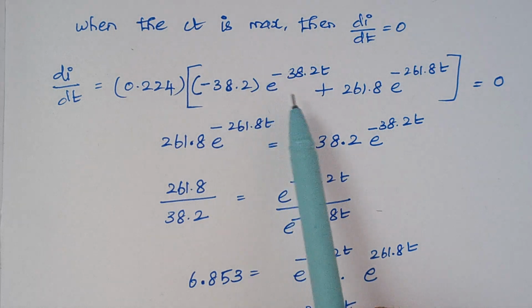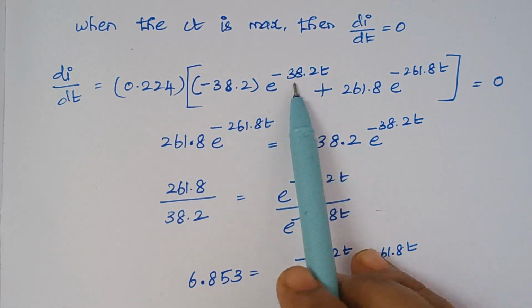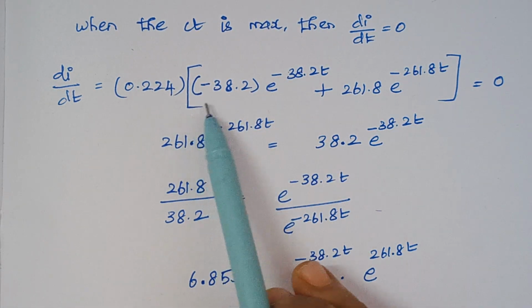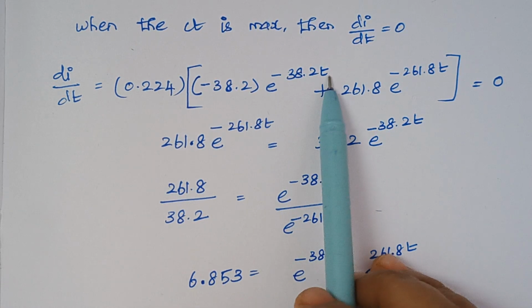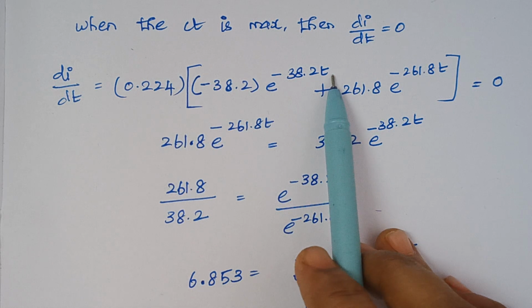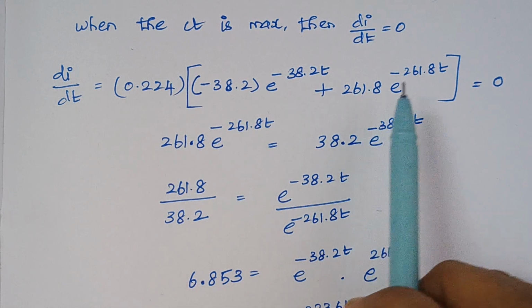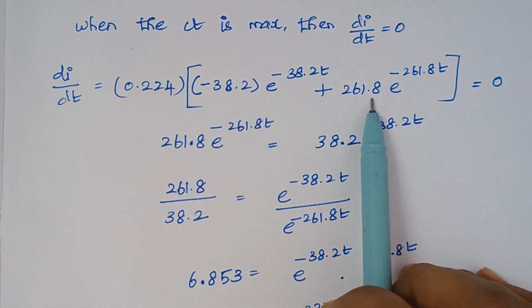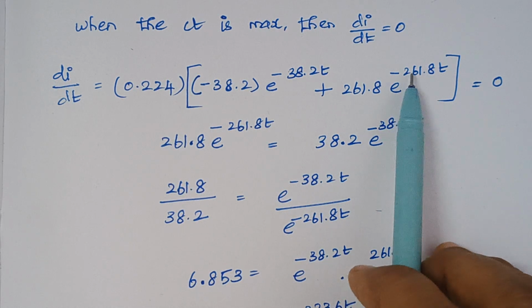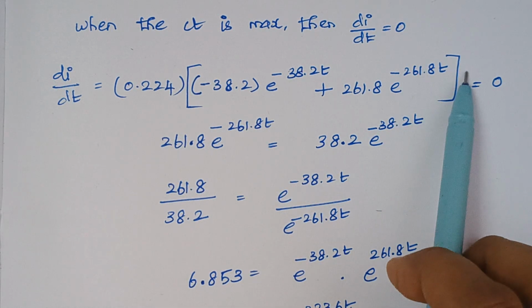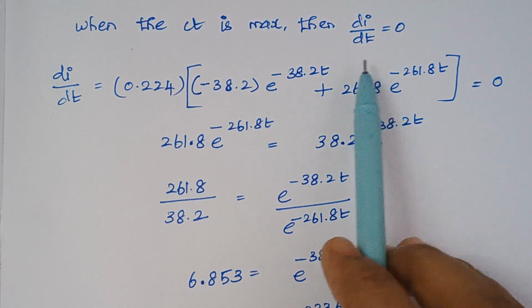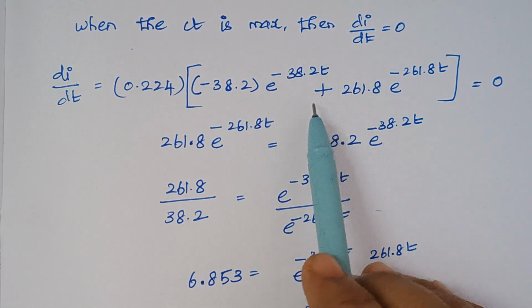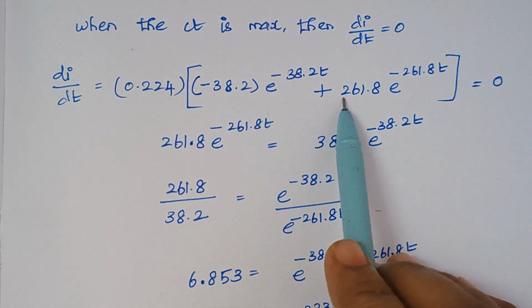When you differentiate e to the power minus 38.2t, we get minus 38.2 into e to the power minus 38.2t. Similarly, when you differentiate the second term, it will be minus 261.8 into e to the power minus 261.8t. Here we already have a minus, and again this gives another minus. Therefore, minus into minus is written as plus.